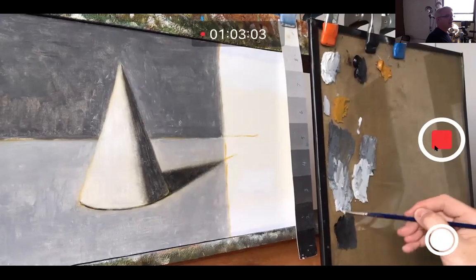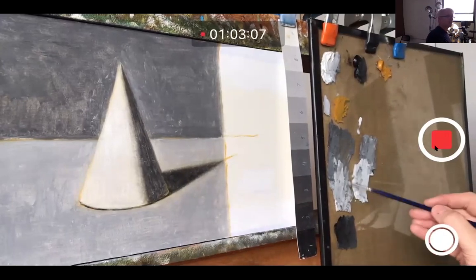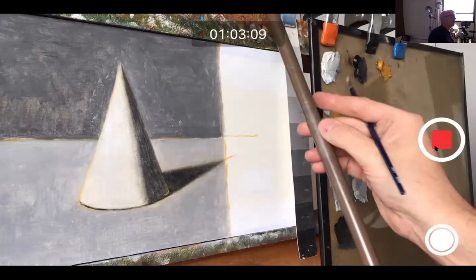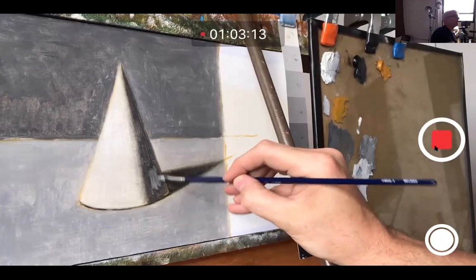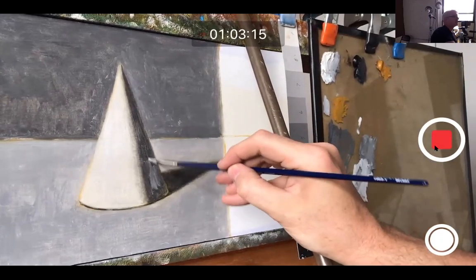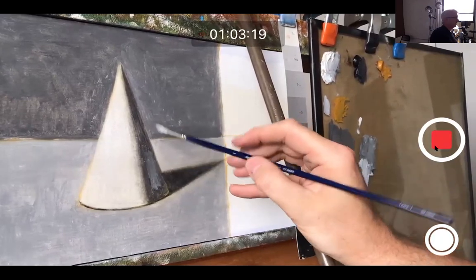So I'm going to take some of my lighter gray, and I'm going to paint wet into wet and bring in that reflected light.